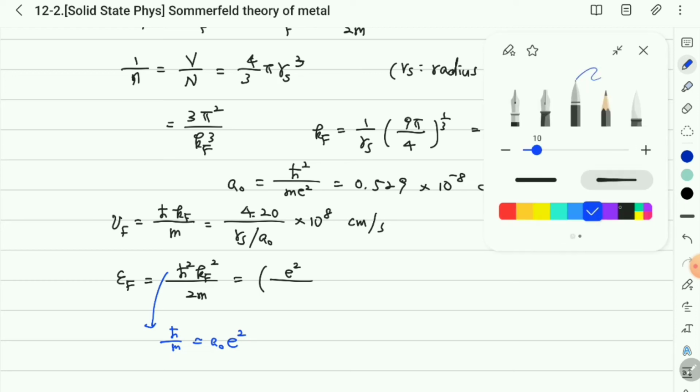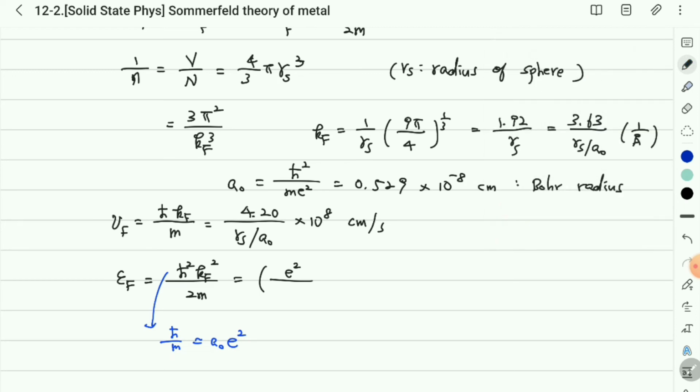Therefore it can be written as e square over 2A0 times (kf A0) square.